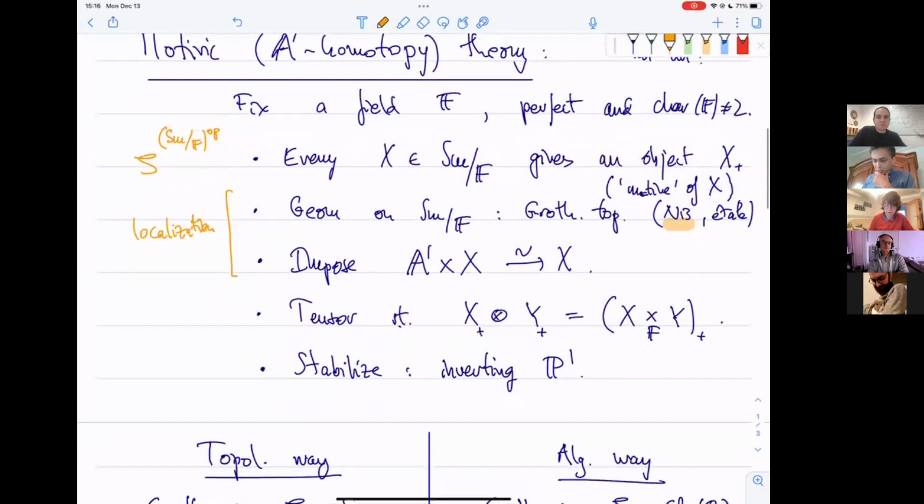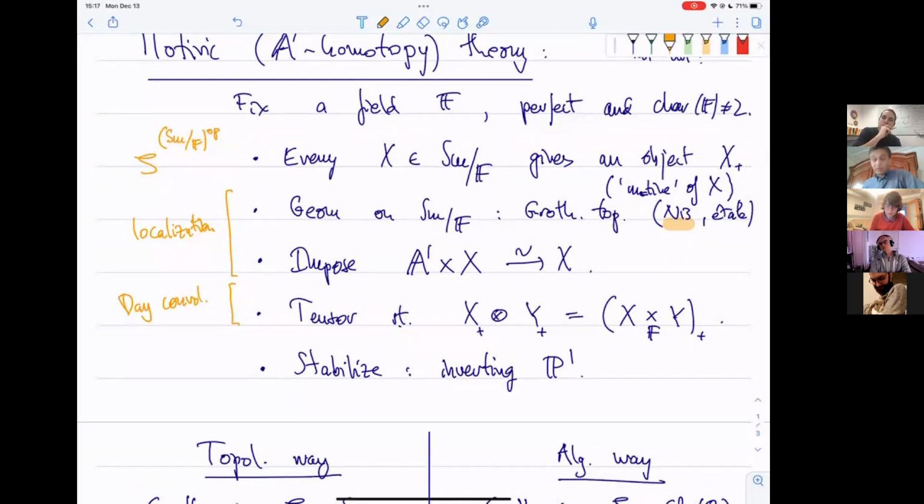That step here is usually done via a technique called Day convolution, which just says, if you have a tensor, if you look at functors like that from, let me take a little color here, from a category on which you have an operation like that into one, there is a way of making a tensor on all presheaves, which is just by continuously completing this one.